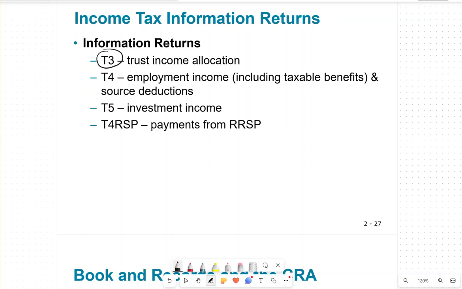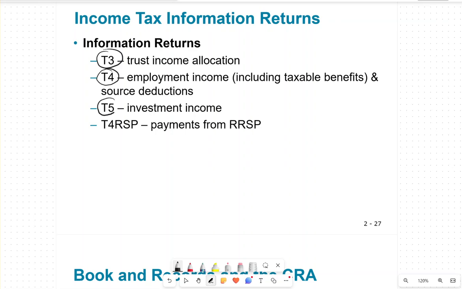If you're part of the trust, you're getting some money because your grandparents were rich, maybe, or your godparents were rich. You are going to get an income, and that is called a T3. You get a T4 if you're working for an employer.